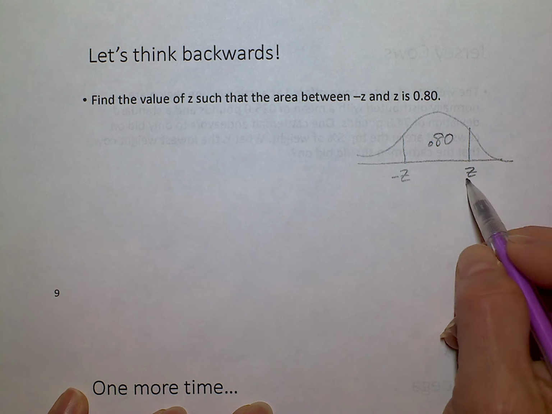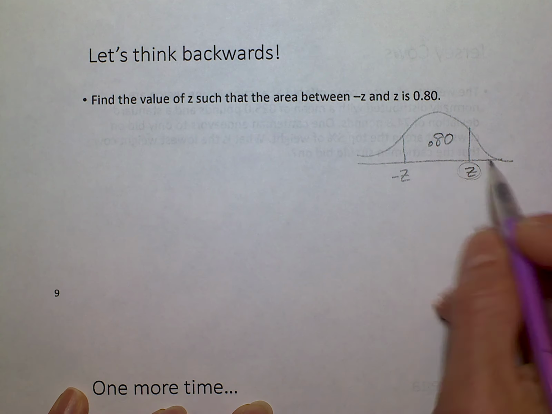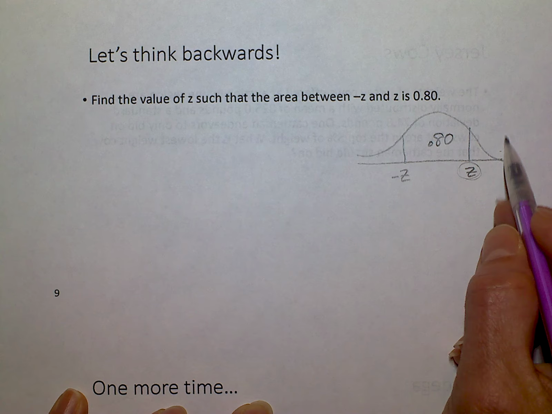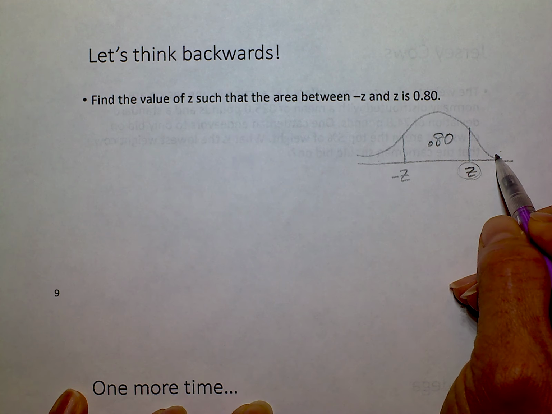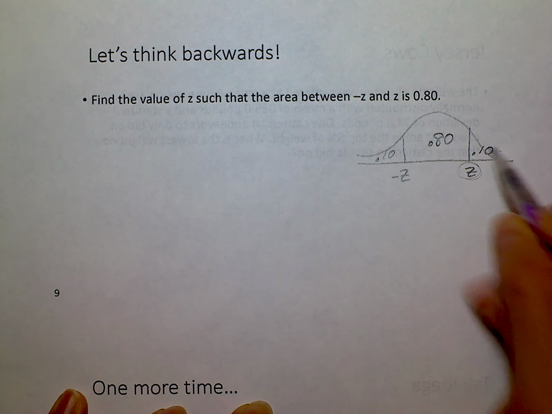So we are looking for what is this z value, so that we would have 0.80. So if it's 0.80 in here, do you remember that this is all symmetric? And so each one of these sides has the same area. So that means that they are both 0.10.